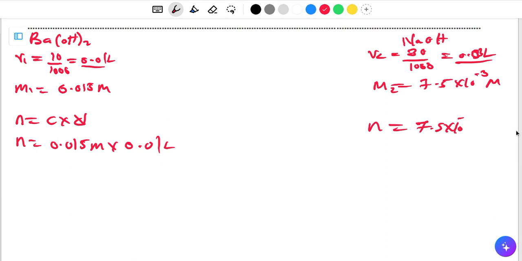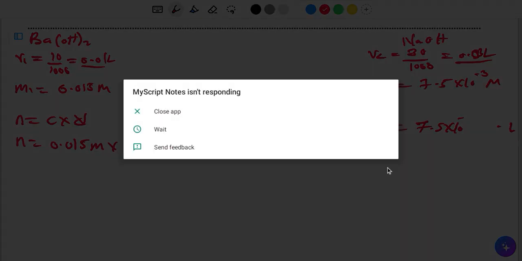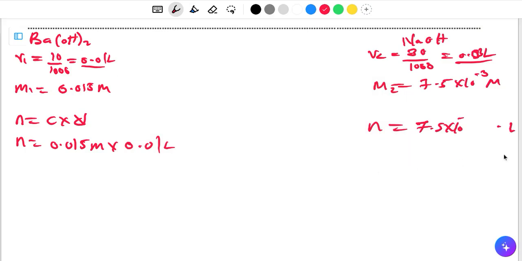So now let me do the computation on this side. On this side I'm getting 1.5 multiplied by 10 to the power negative 4 number of moles.